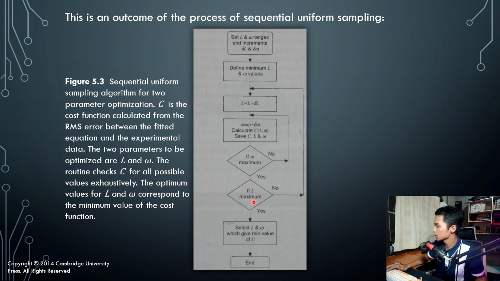If yes, you can continue. But if not, you return back to the step setting L as L plus delta L. If yes, you can go ahead and select the L and omega which give the minimum value of C. And that ends your sequential uniform sampling. You have already found the optimal position for L, omega, and the cost function C.